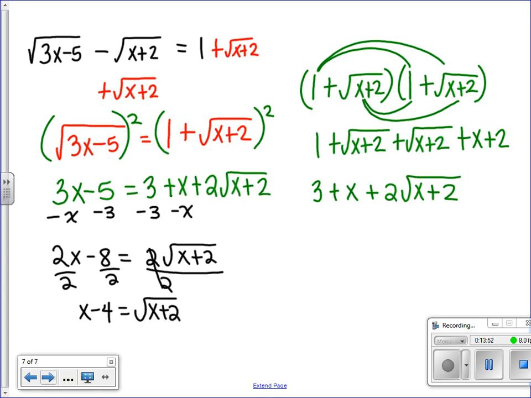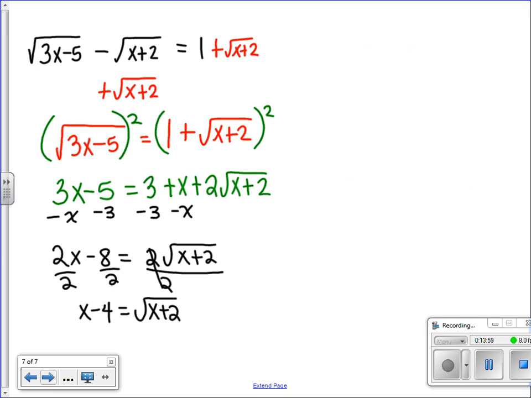Now, this problem is exactly like the previous problem was. The radical has been isolated, and I'm ready to square both sides once again. Square, square. What is this square to? What's x minus 4 squared?